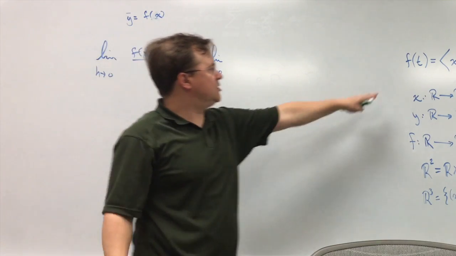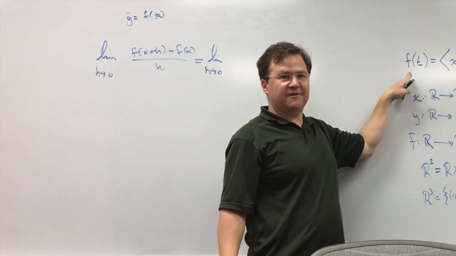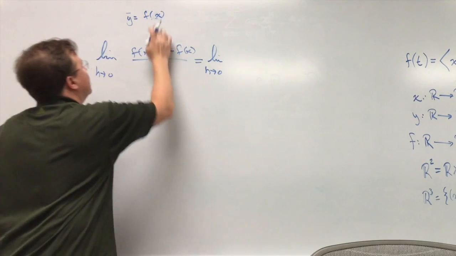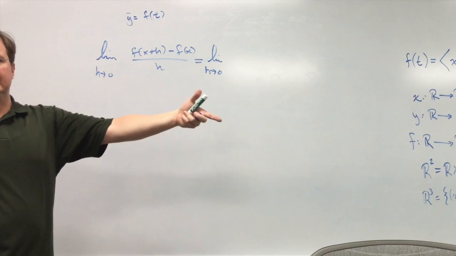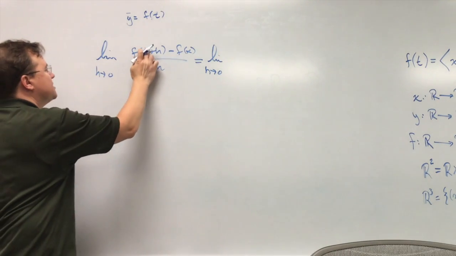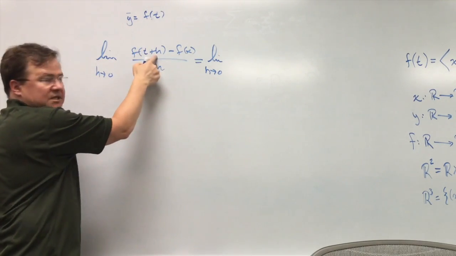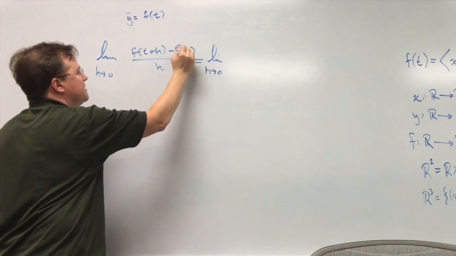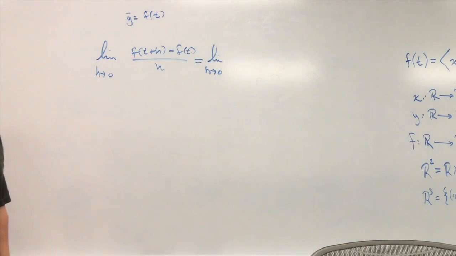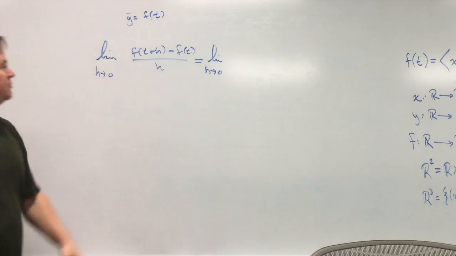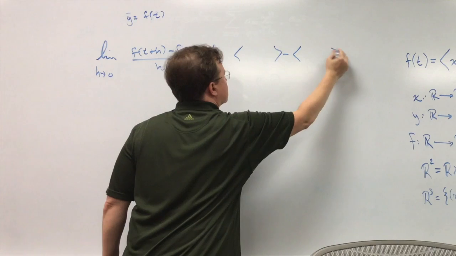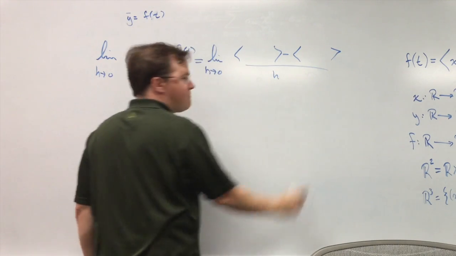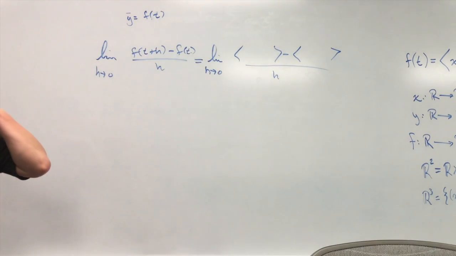If I use this as my definition for f, I'll change this x into a t just so that it's not confusing, because x actually means something here. So I'll change this to a t plus h and a t. And according to that, it would be the difference between two vectors. Can you subtract vectors?